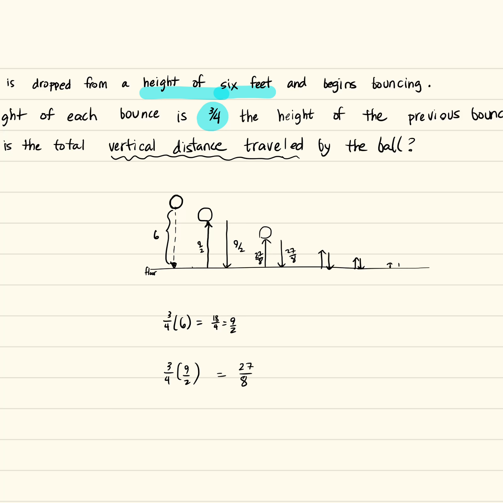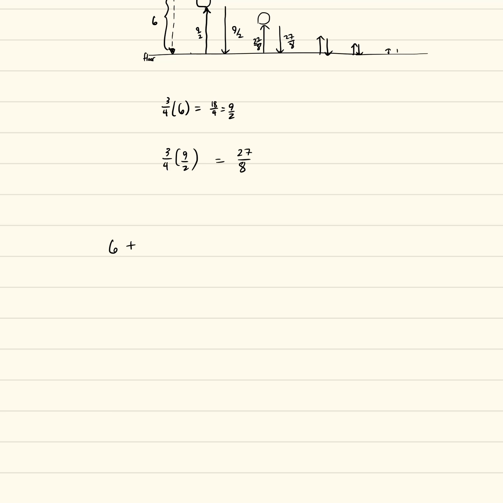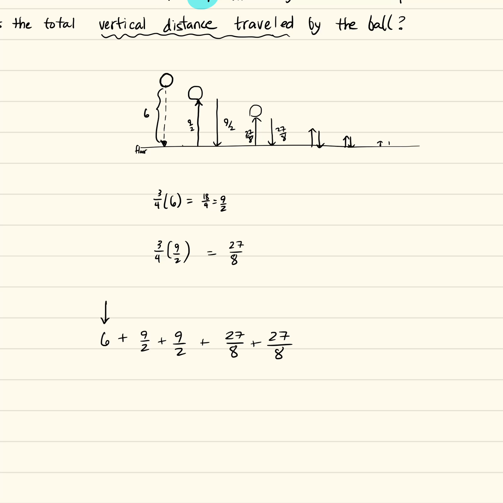And our goal is to figure out what is 6 plus 9/2 plus 9/2 plus 27/8 plus 27/8, right? So this is the ball coming down. This is the ball going up and coming down, and then going up, coming down, right? Going up. What's the next sum?